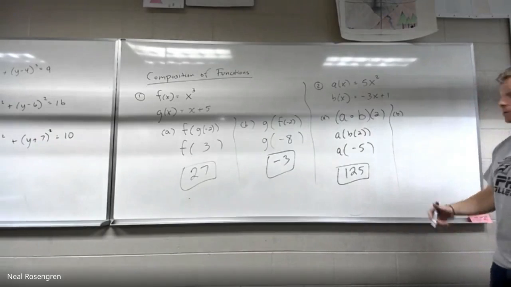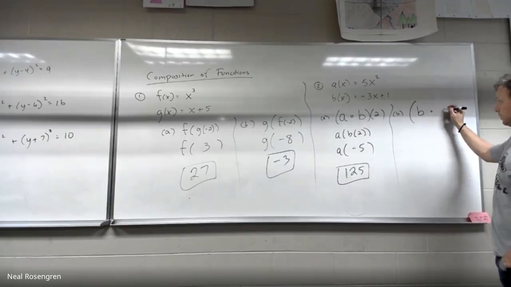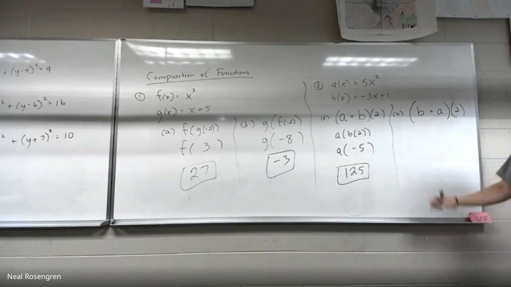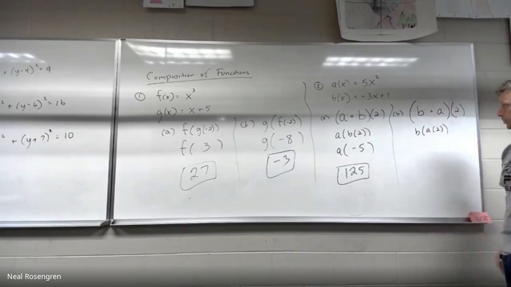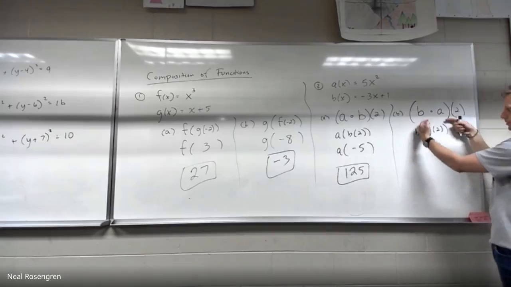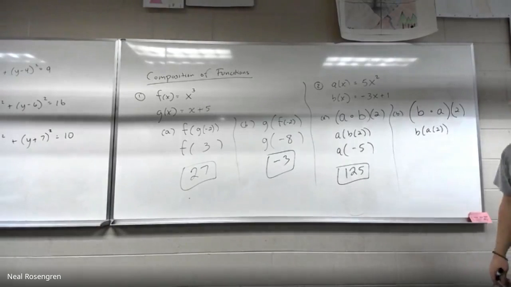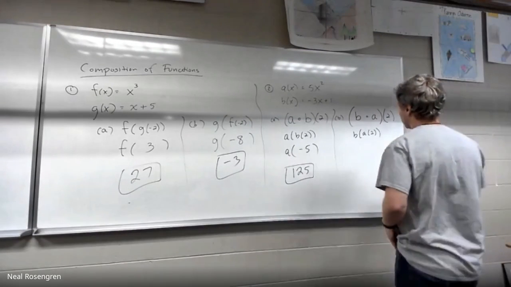So the order is going to matter for sure. Like if I said B of A of 2, all right, that's B of A of 2. Okay, so you have like this bigger set of parentheses out here and these smaller inside ones, to let you know that you want to be working in a certain order, right?